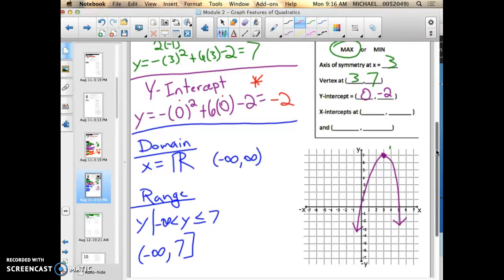So my y-intercept is 0, -2, and so this is actually my bad. We can be a little bit more specific than what I just drew, because I know that my graph hits at 0, -2. So I do know that the graph crosses the y-axis at 0, -2.